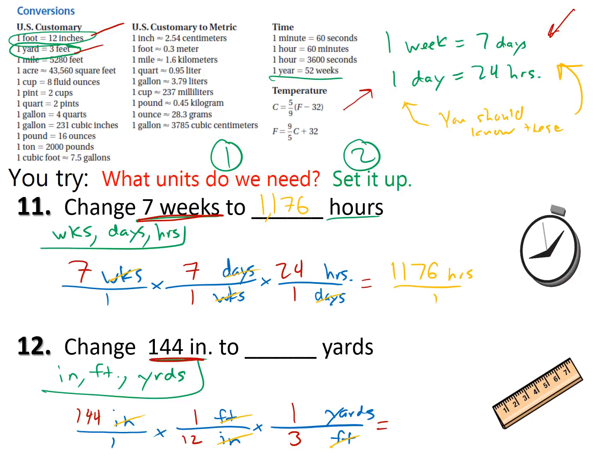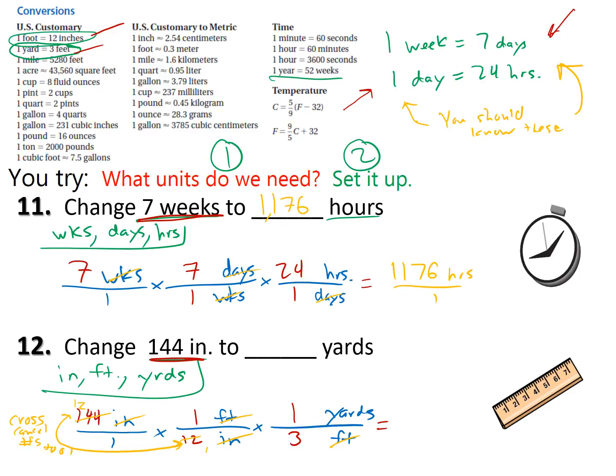One thing that's really helpful is that 12 and 144 share a common factor of 12. So I can cross cancel numbers too, right? So 144 becomes 12 and 12 becomes 1.